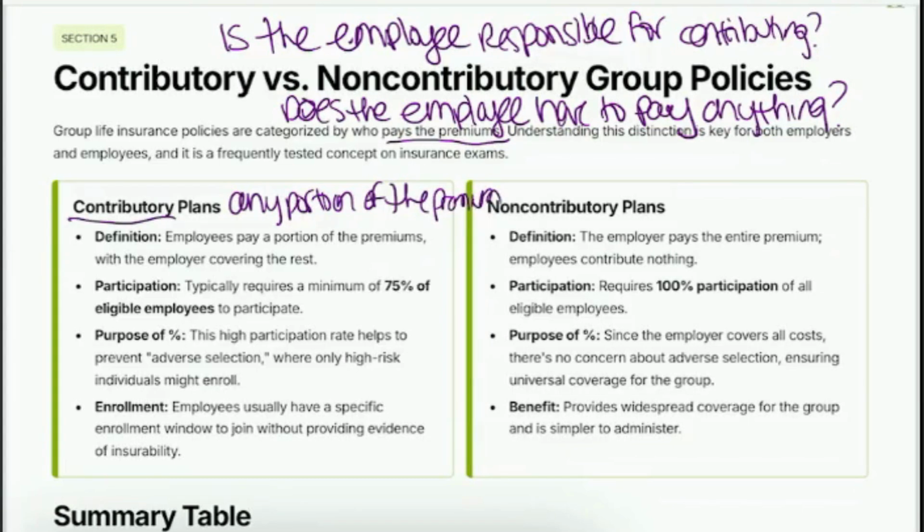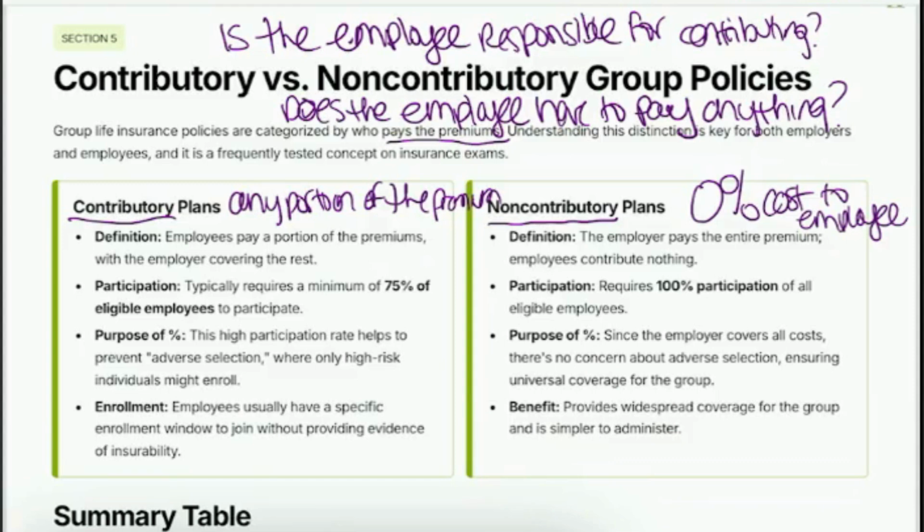They are required to contribute to their policy premium. If it is 0% cost to the employee, they are contributing nothing. That is non-contributory. Their employer is not asking them to contribute anything towards their policy premiums.